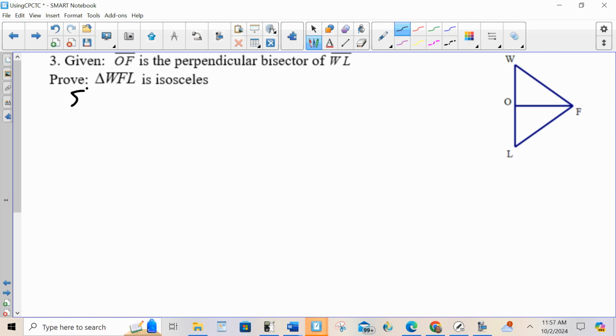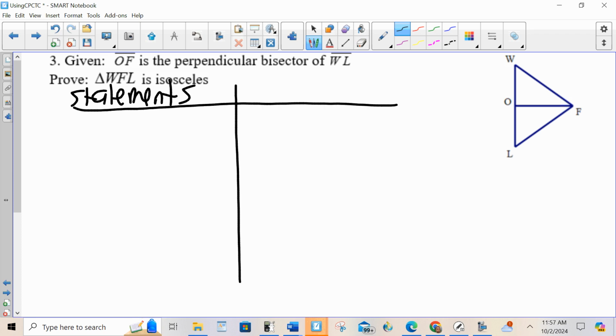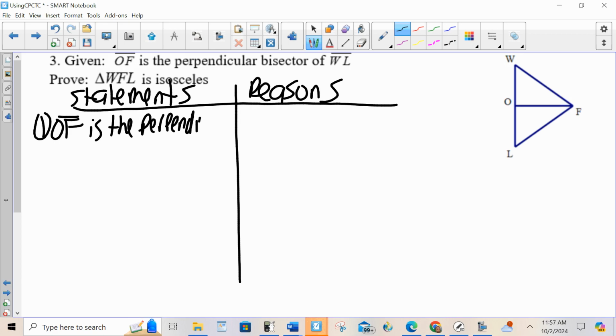Statements. Reasons. Again, I'm going to go through the triangle part quickly. OF is the perpendicular bisector of WL, given.